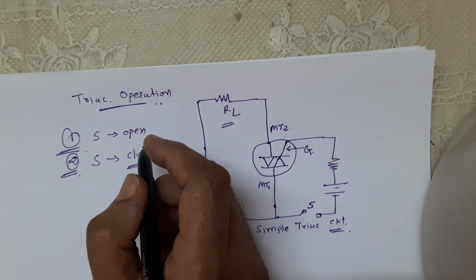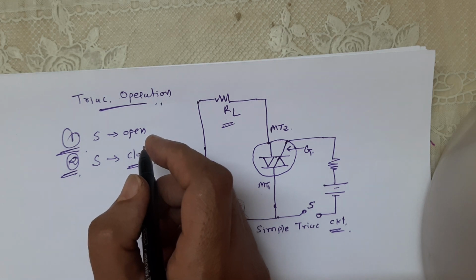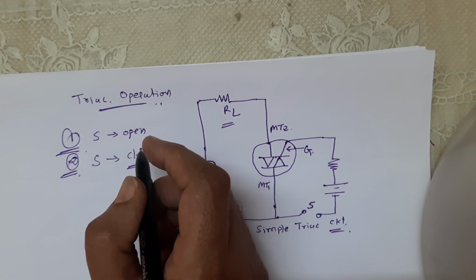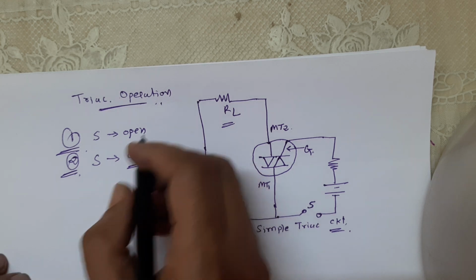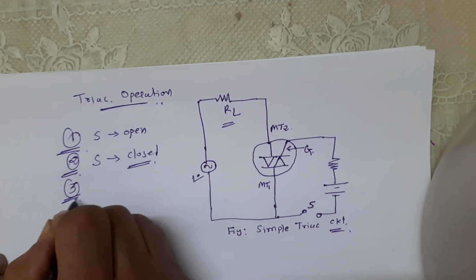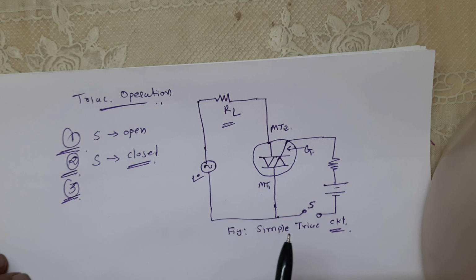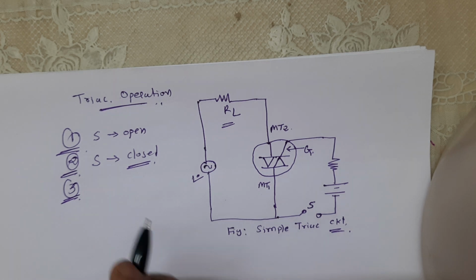With a few milliampere introduced at the gate, the triac will start conducting whether terminal MT2 is positive or negative with respect to MT1.